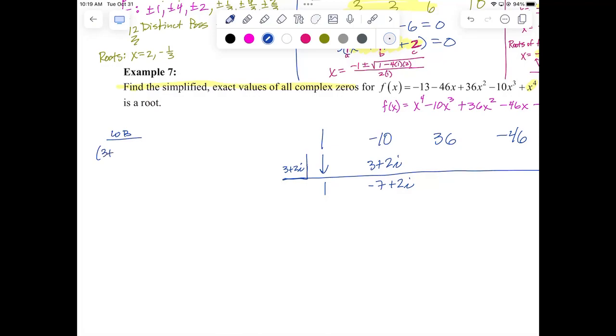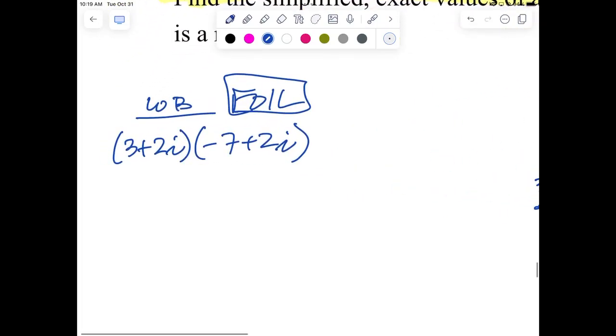3 plus 2i times negative 7 plus 2i. Don't be afraid to go off to the side and do this. Foiling is what we have to do. We have to FOIL off to the side. So if I FOIL, I get negative 21 plus 6i minus 14i plus 4i squared.